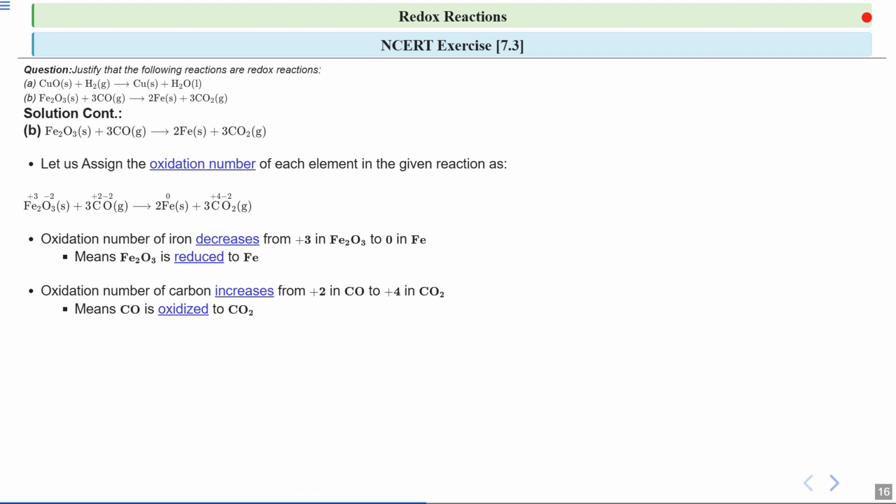Again, this can be explained on the classical basis because carbon monoxide is being added with one oxygen. So it is an example of classical oxidation. What about the reaction? The overall reaction can be named a redox reaction because oxidation and reduction are undergoing simultaneously in this same process.